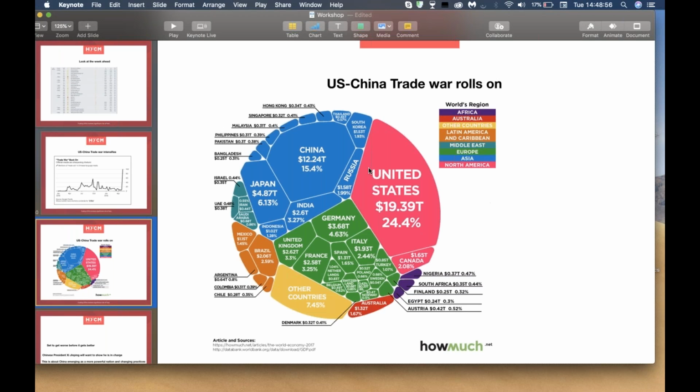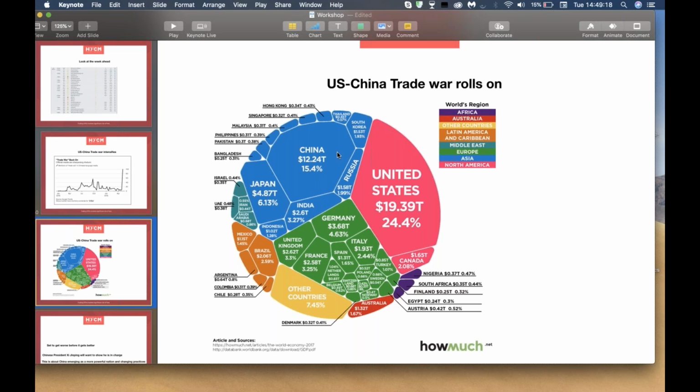Again, for those who just joined the webinar, remember that the US and China constitute around 40% of the world's GDP. That's why a war between the US and China is considered a global growth problem. What's bad for the US and China is bad for Japan, Germany, UK, Italy, France.